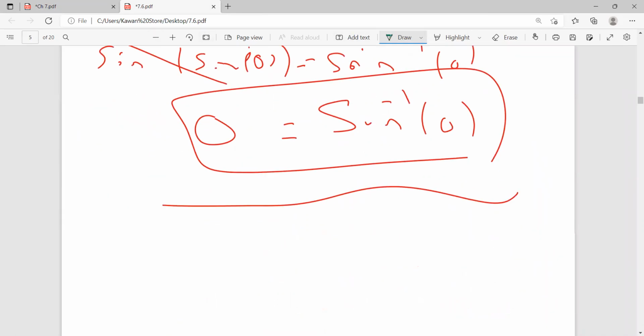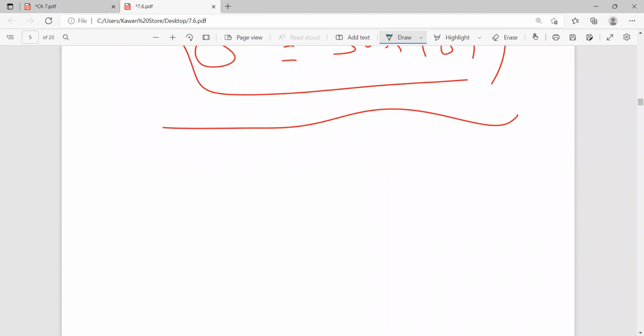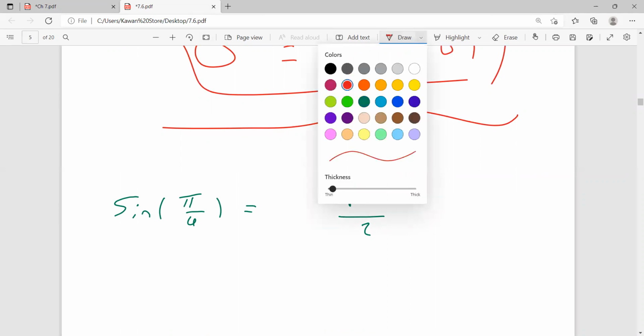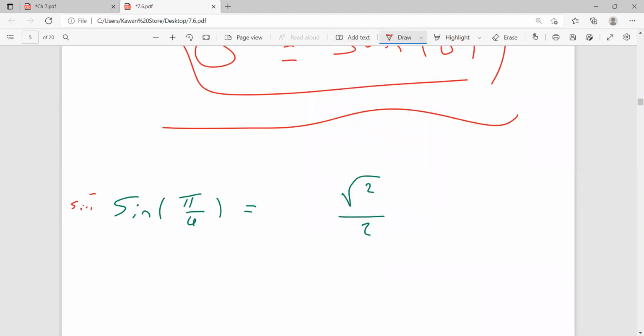Okay, you are thinking about the rest. That's fine. So look at here. We see that sine of pi over 4, as an example, is equal to square root of 2 over 2. Now to get the inverse, I'm going to take the inverse of both sides. Sine inverse here, sine inverse here. That's why sine inverse and sine are inverse to each other.